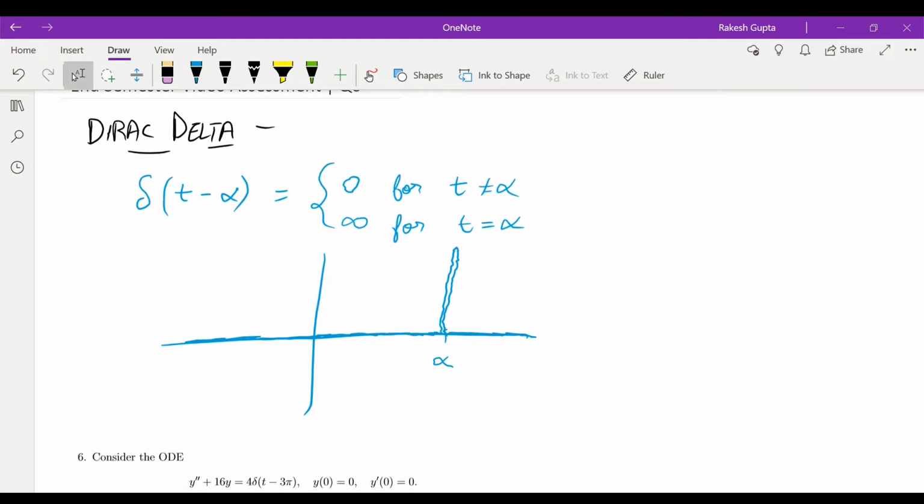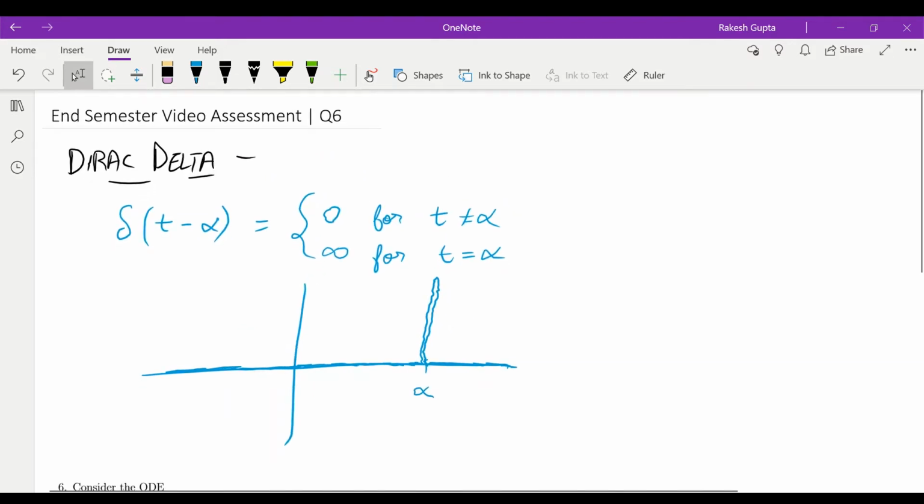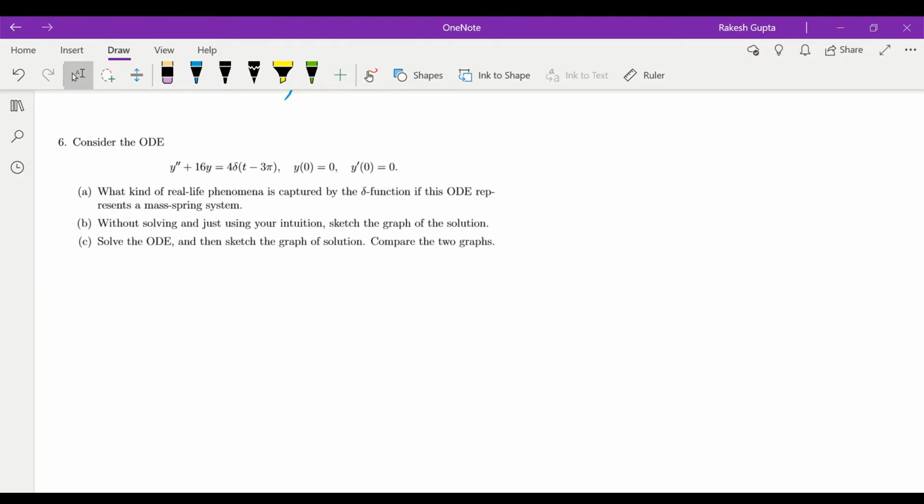So if the given ODE has a Dirac delta, as in the question, we can see that there is a Dirac delta function involved. This means that there is an impulse involved.